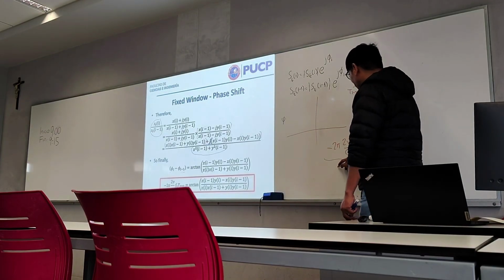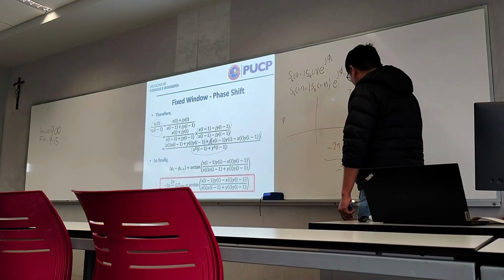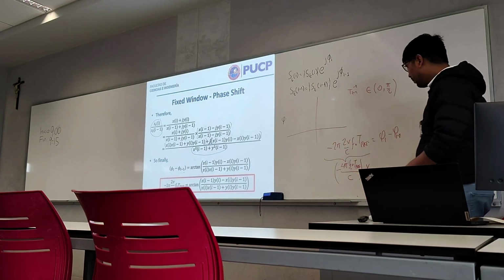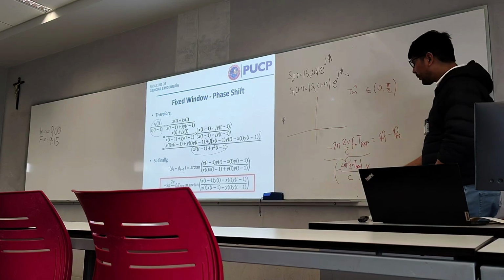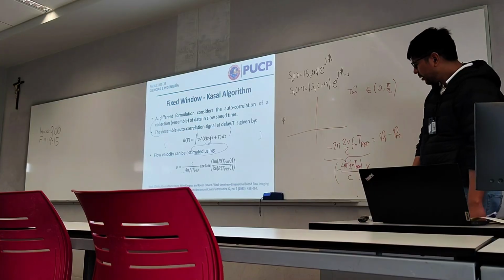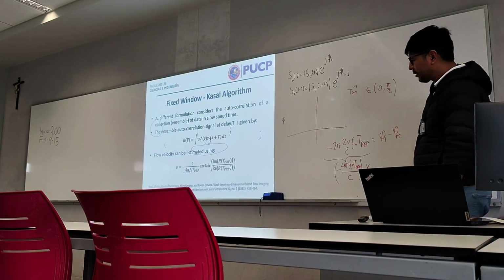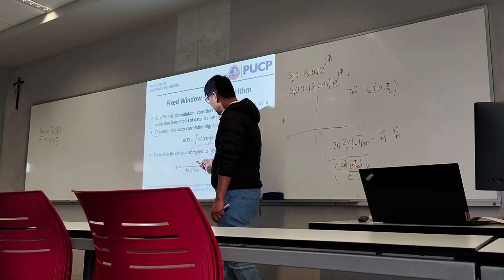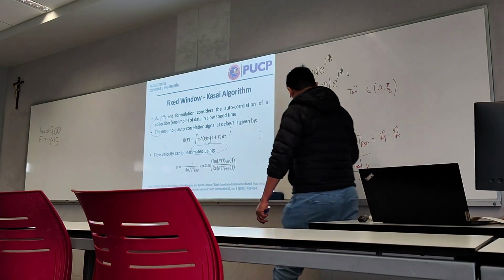This is minus 4 pi f0 over c, times the pulse repetition time, multiplied by b. All this is like a constant, multiplied by the particle velocity that we want to estimate. I think in this algorithm, if you look at this term, it's just this term.